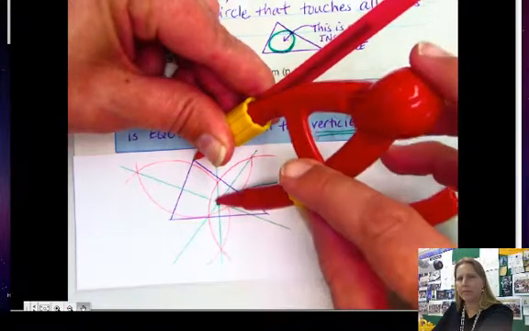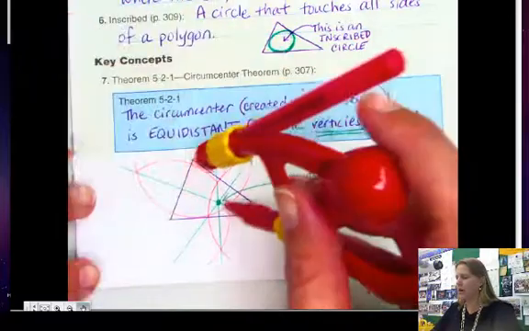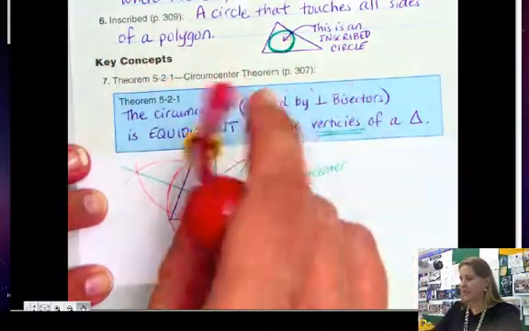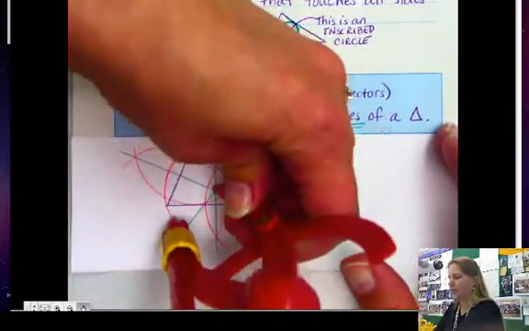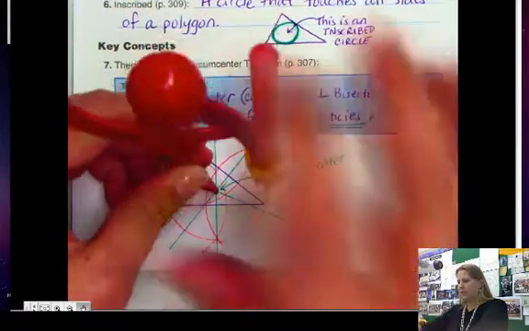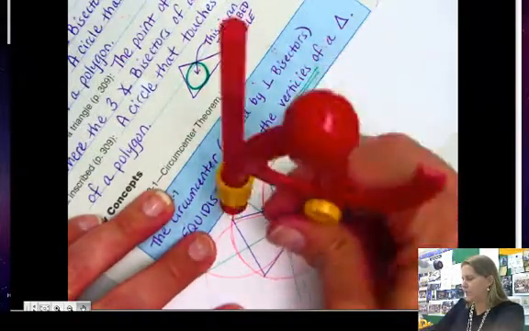And I'm tightening up my compass here, so it's nice and tight. Okay, now I'm going to draw a circle from that, and it should, if I did it right, hopefully I did, it should touch all three vertices exactly. It's kind of hard to do this without turning your paper, so you might need to turn your paper.